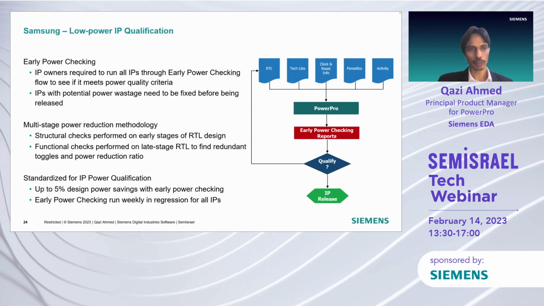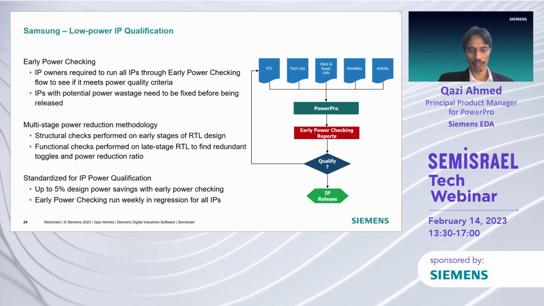First, they use PowerPro's early power checking profiles, and all IP owners in the organization are required to make sure that the IPs go through this early power checking methodology and that they meet the power quality criteria. So they have defined key performance indicators for power based on the various metrics that PowerPro reports. So they say, okay, your gating percentage could not be less than this, your clock gating enable efficiency could not be less than that, and you don't have any redundant constant ICGs in your code, for example.